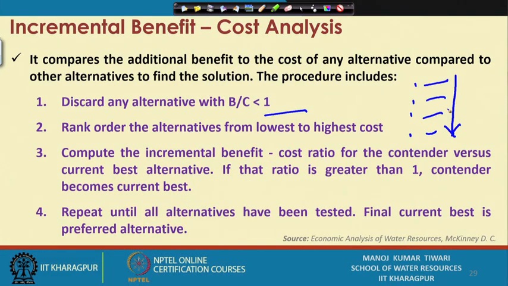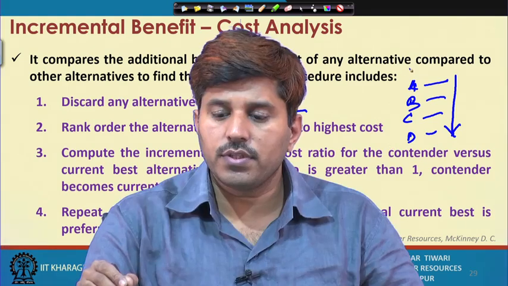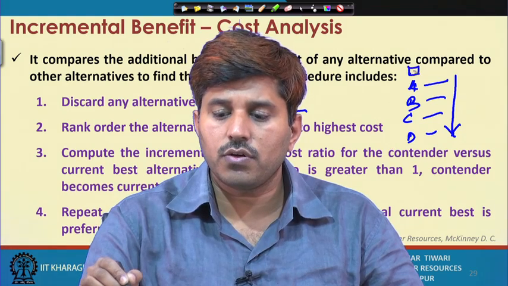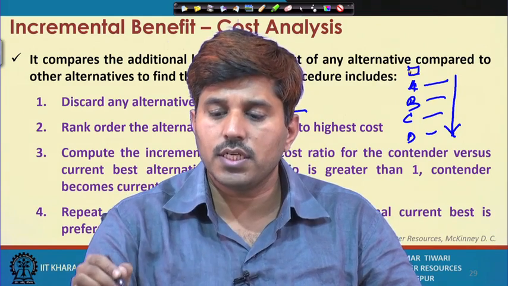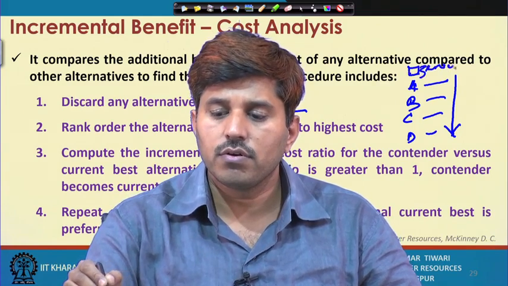If that ratio is greater than 1, the contender becomes the current best. So, let us say I have A, B, C, D different alternatives. Of course, there is always a scenario that no project is being done. So, there is always a 0 scenario.